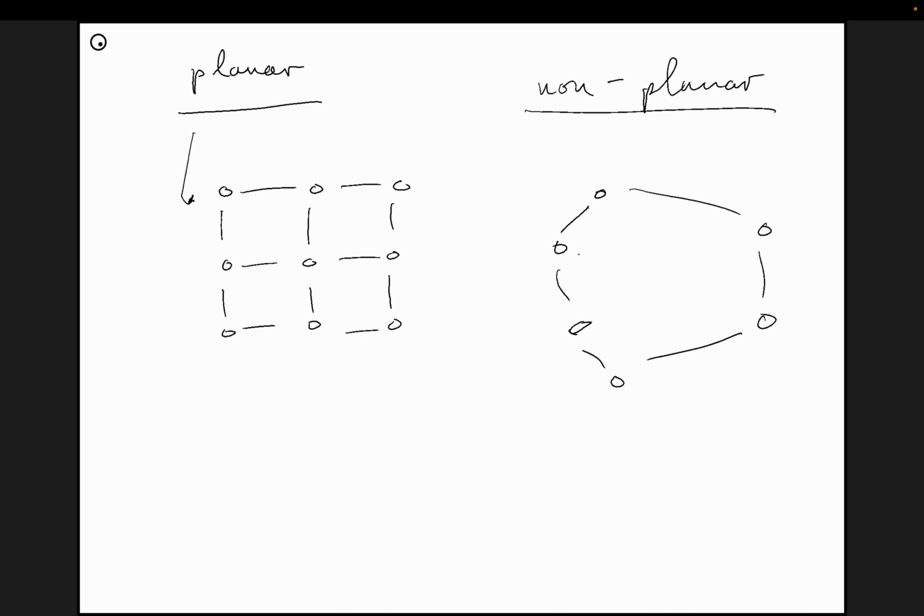Let's have this cross here and connect those two vertices.